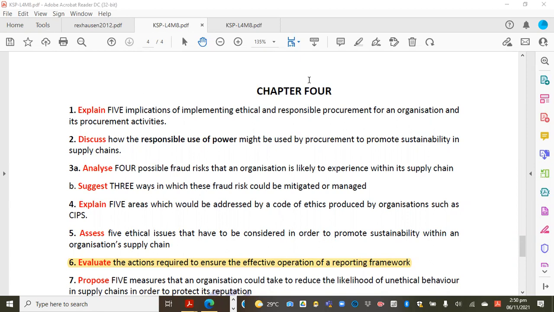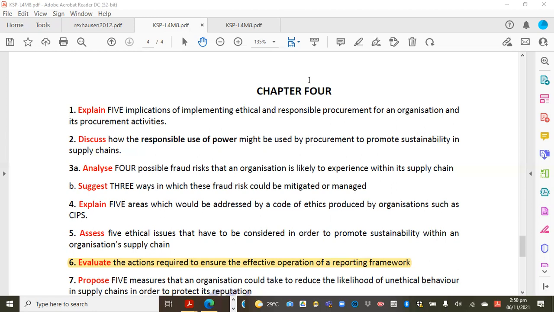Then there is implication for senior management, because when you are implementing ethical and responsible procurement, you need top management support. So they have to develop a competency framework when employing procurement persons or procurement professionals.